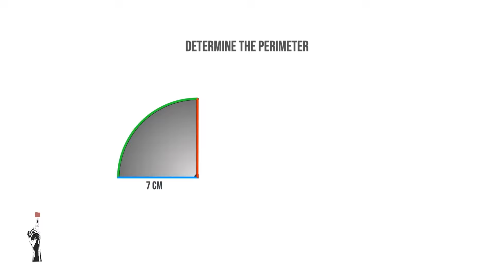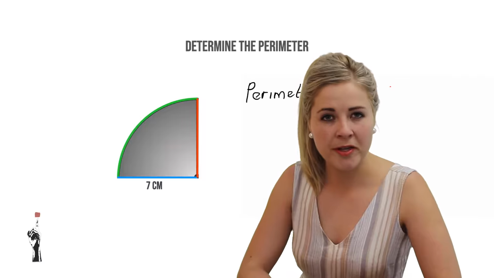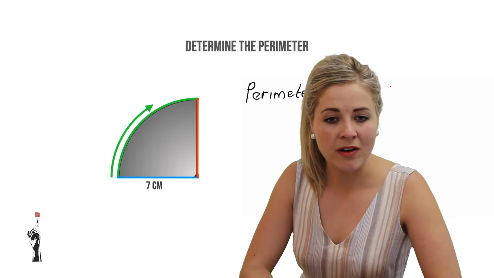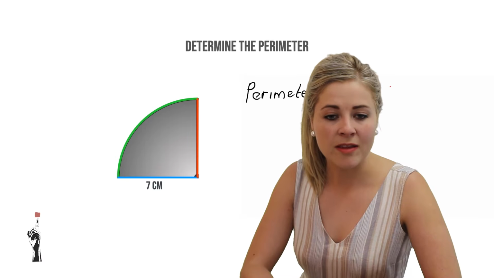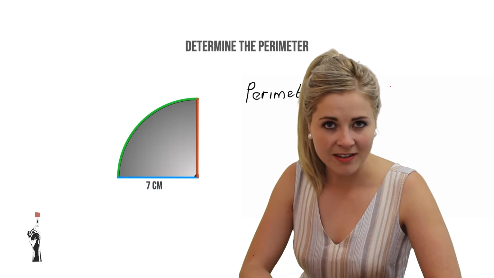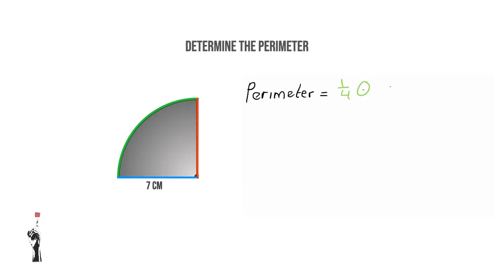So, when I determine my perimeter, I need to say it's the green part, which is a quarter of a circle. But now, since we all know that circles have no straight lines, this quarter of a circle will only determine this part. We still need to add the blue and the red line to determine the entire perimeter.